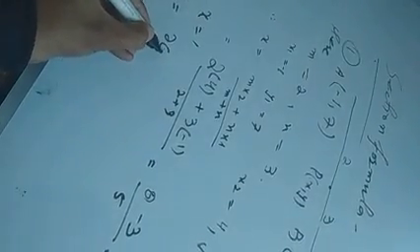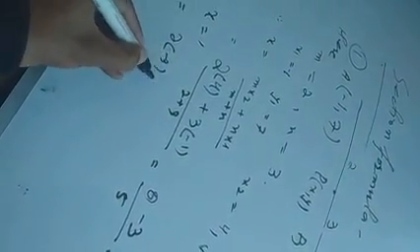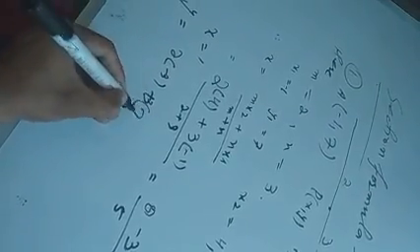Now similarly y is equal to 2 into -3 plus 3 into y1, which is 3 into 7, divided by 2 plus 3.